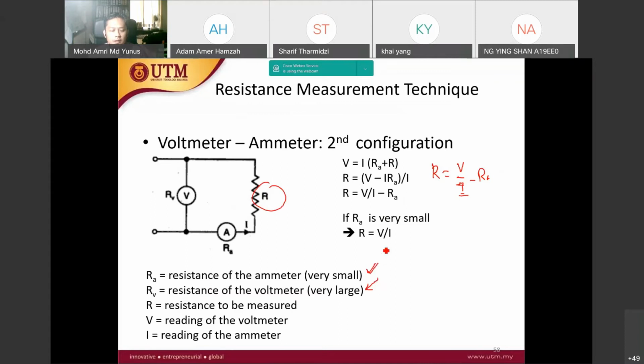So in summary, either resistance measurement technique must fulfill these two conditions of an ideal ammeter and also an ideal voltmeter.